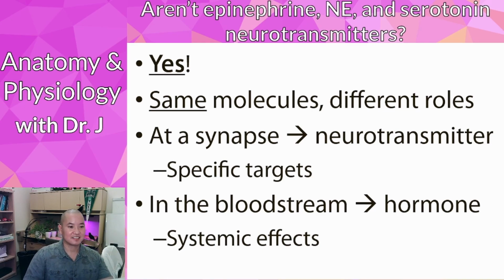Think of it like direct messages versus a public post. A neurotransmitter is a directed message, but if you're broadcasting that message all across the globe, that is what hormones are like, and that's why they're super powerful, because they can be broadcast to potentially every cell in your body.